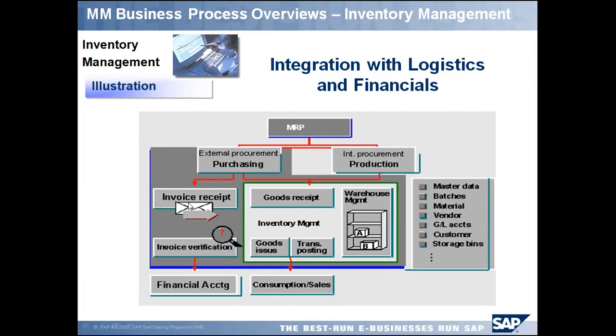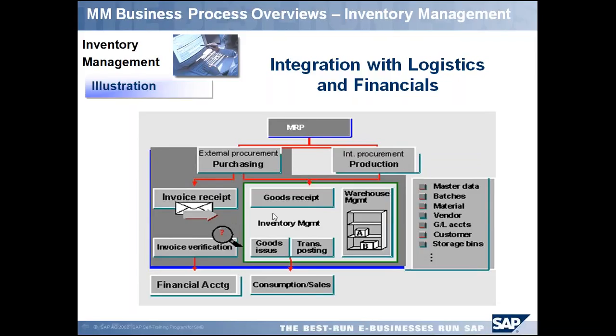And in this case, the invoice received is verified, and it will go to financial accounting. So he's saying the purchasing will work in two ways. The invoice receipt is also sent because we have received an invoice to pay this much.